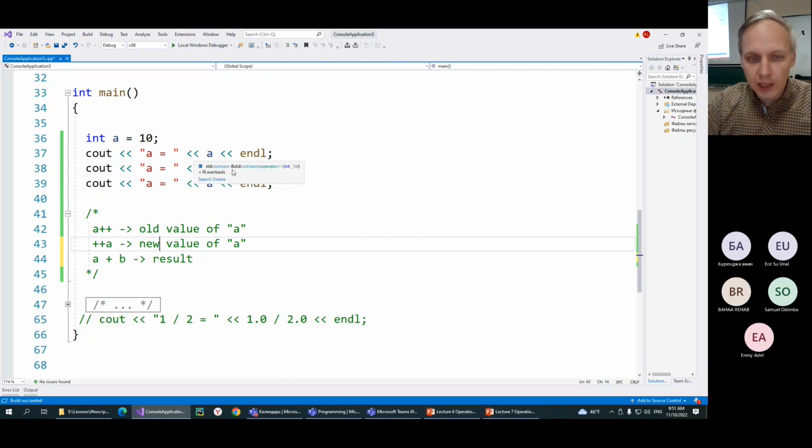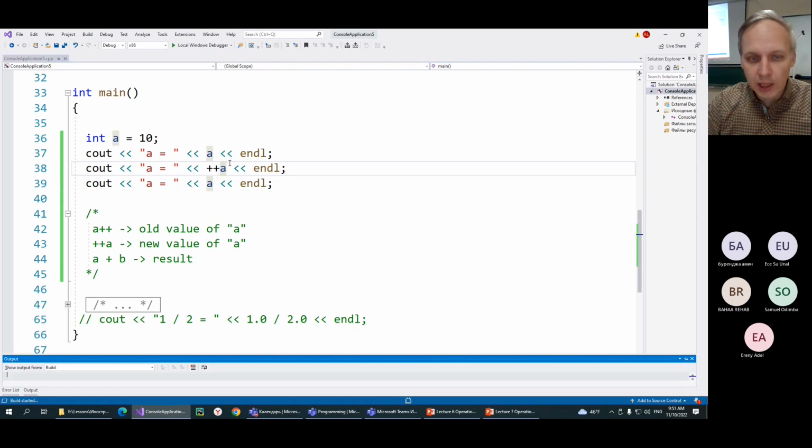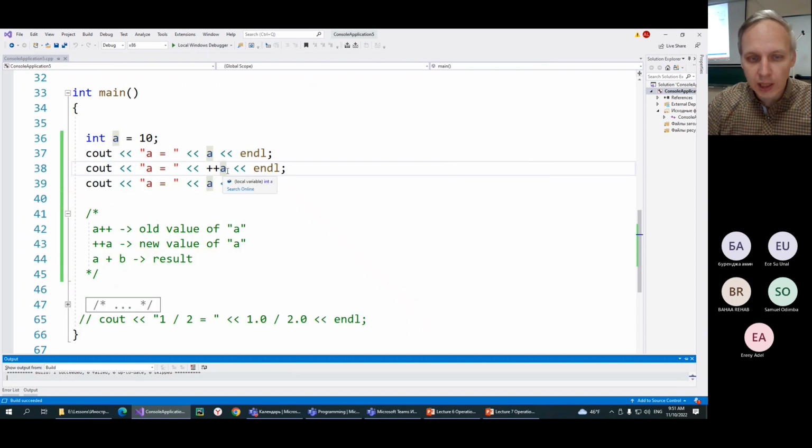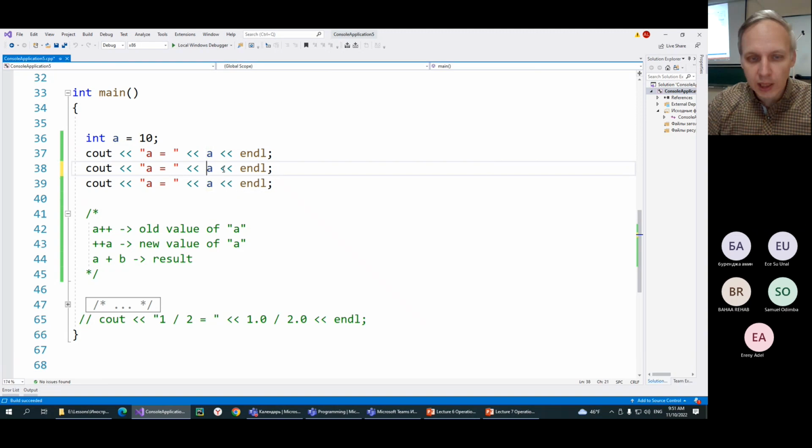So when I write here not a++, but plus plus a, we will see on the screen 10, 11, 11. Plus plus changes the value of a and returns it as a result. I just mentioned this feature of operations plus plus, and the same I can say for minus minus also.